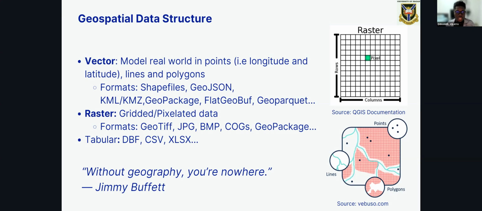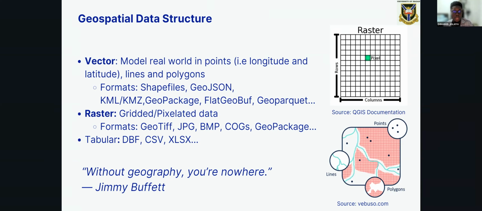And vector data sets are stored in different formats. The most popular one is the Esri shapefile, which is the format that was created by Esri. Esri is one of the leading GIS companies in the world, and they have GIS software which is very, very popular.